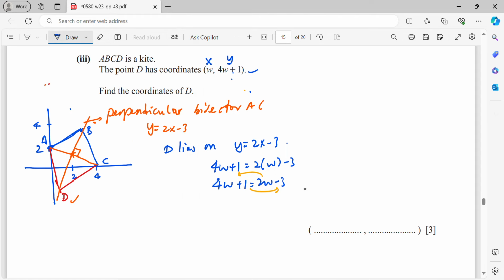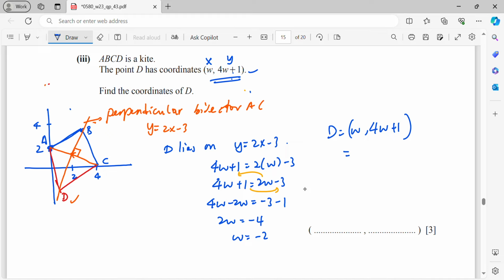So you will get 4w minus 2w is minus 3 minus 1. Therefore, 2w is minus 4. Hence, your w is negative 2. Now your D has coordinates w and 4w plus 1. When you replace w by minus 2, it will be minus 2, then 4 times minus 2 plus 1. That will be negative 2 and negative 7. These are the coordinates of the point D.